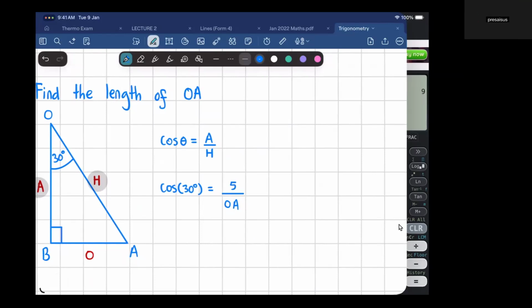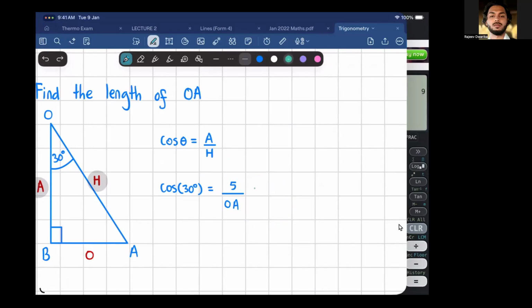You have to cross multiply, or there are a bunch of things you could do. You can multiply by OA on both sides. And Perseus, if I multiply by OA on both sides, what's gonna happen with OA on this side? I just get 5, because the OA and the OA would cancel off, right?